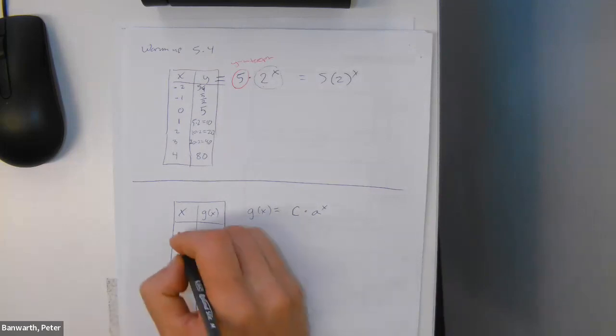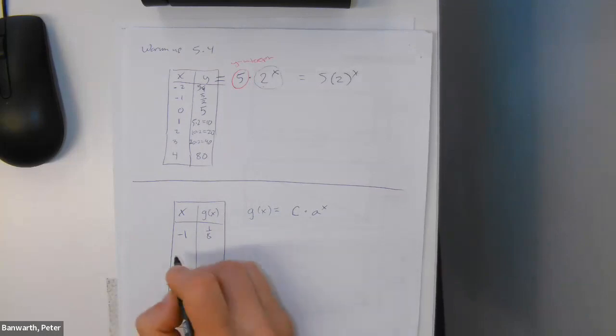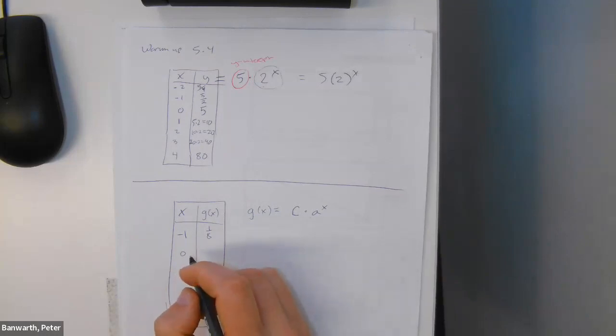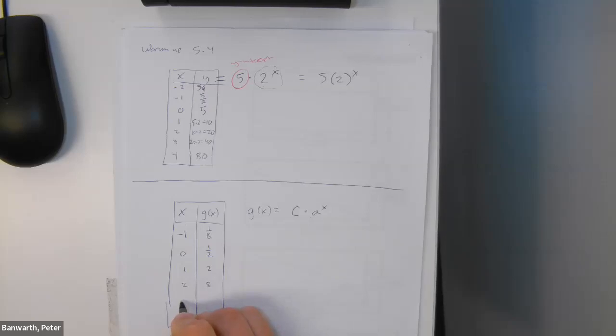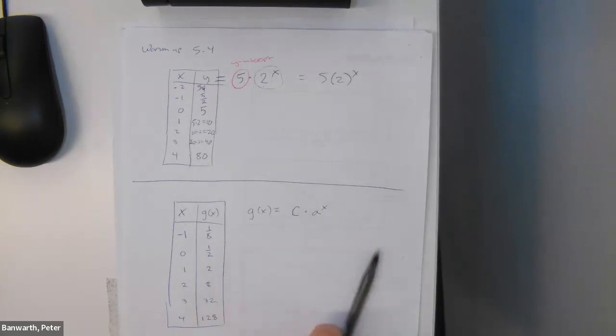So now I have some information. I know if X is -1, g of X is 1/8. If X is 0, g of X is 1/2. And if I want to know what C is, I'm just looking for the y-intercept, because when X is 0, that term goes away.